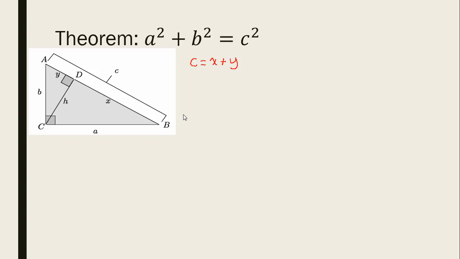So now I'm going to use a little bit of clever ratios in order to come up with the formula. Well, I have right here x and a. So x is the medium side of the medium triangle, here CDB, and a is the hypotenuse, or the longest side.